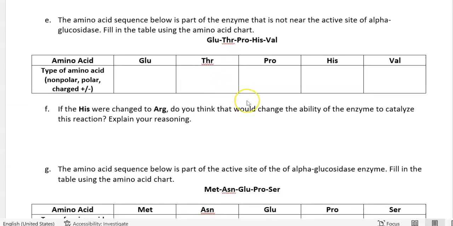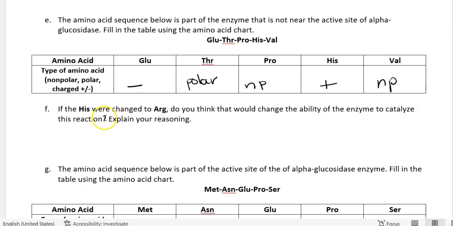Here's our amino acid sequence, and you should have filled in the table from the guide below in a few pages, and what you should have found was that glutamic acid is negatively charged, threonine is polar, proline is non-polar, NP is perfectly acceptable there, histidine is positively charged, and then valine is non-polar.